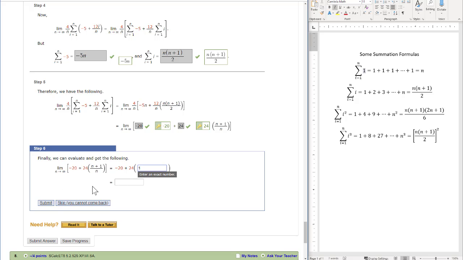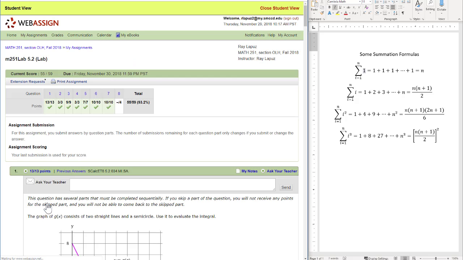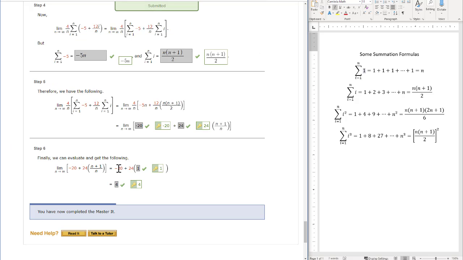So either way, you're going to get 1. So you essentially have -20 plus 24, and that's going to give us a positive 4. So that is our integral. Okay, I hope that helps.